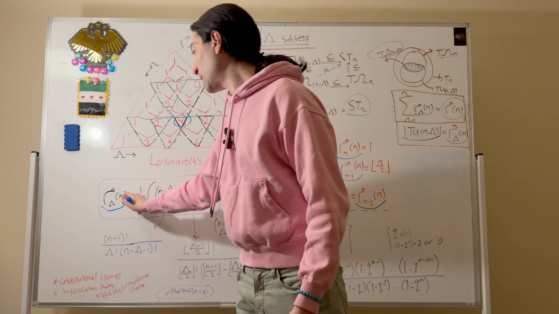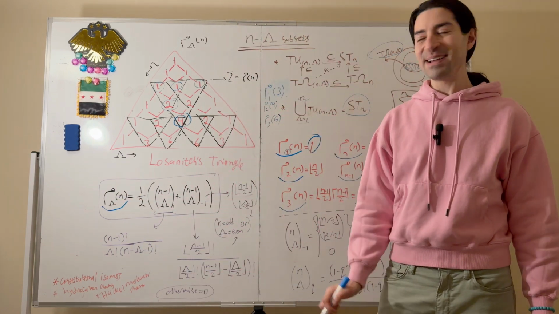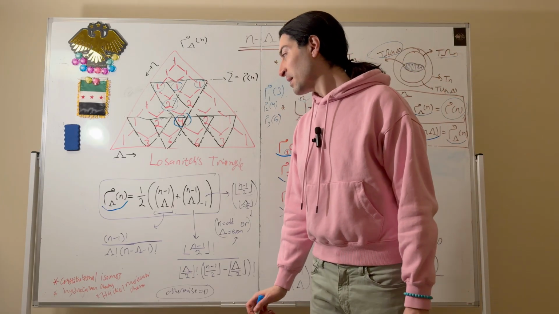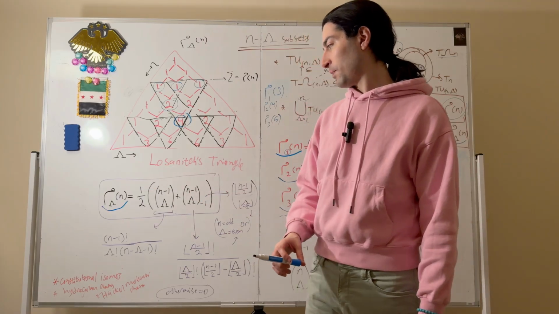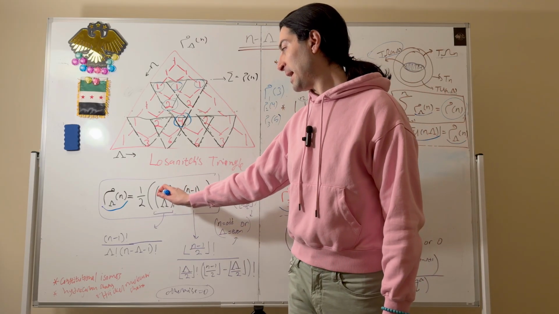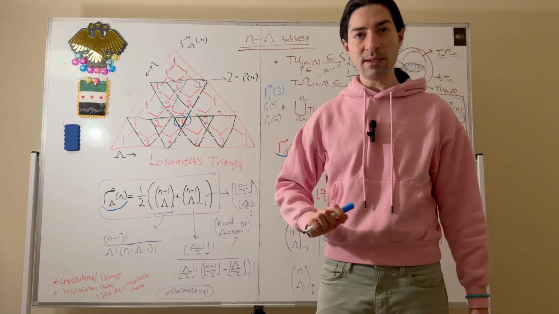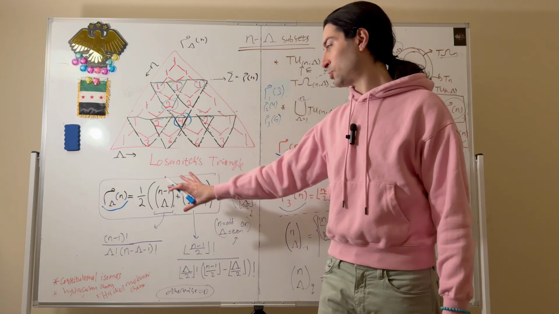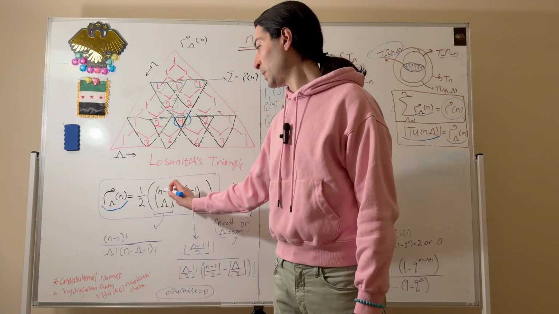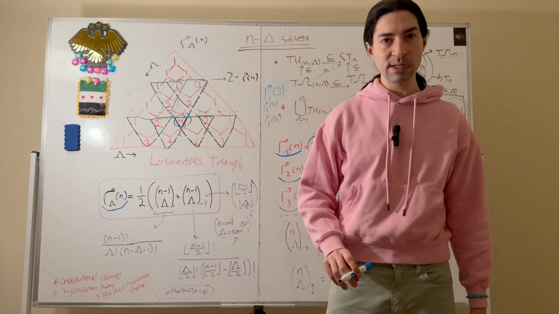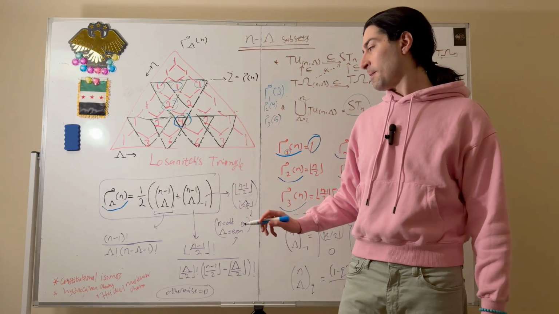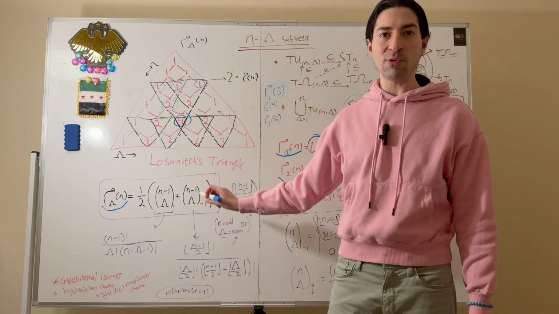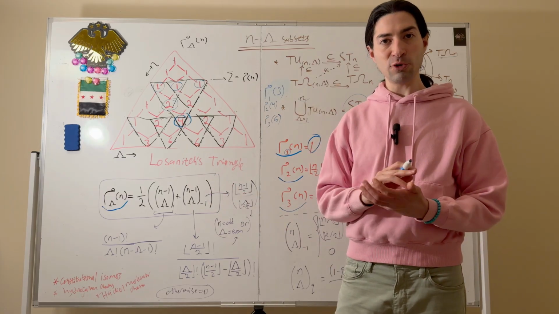So meme lambda of n is equal to the following. 1/2 of n minus 1 choose lambda plus n minus 1 choose lambda where q is equal to -1. Remember, q is the quantum binomials.